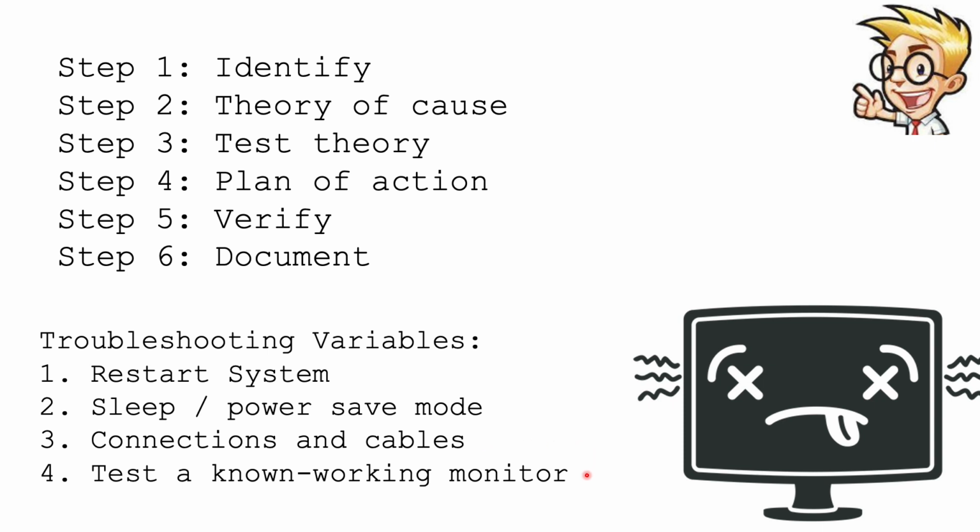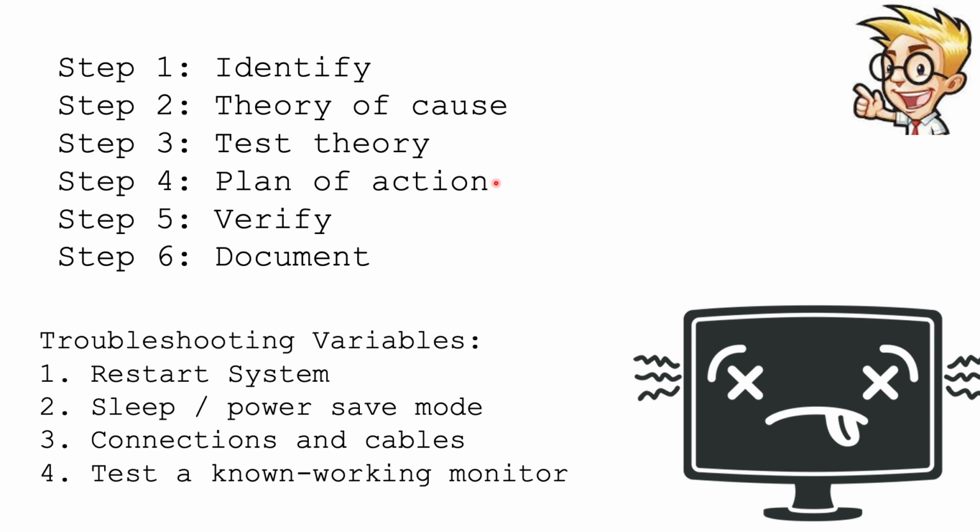For the fourth step, I had the user test a known working monitor, and that indeed did resolve it. So we have identified the problem. We have a theory that maybe the hardware of the monitor itself is bad. We tested this theory by using a different monitor that is known to work.